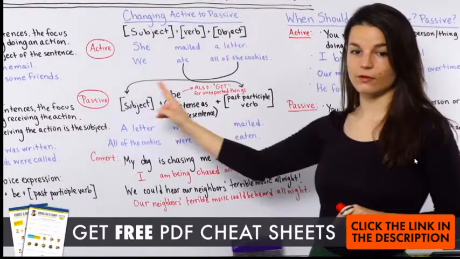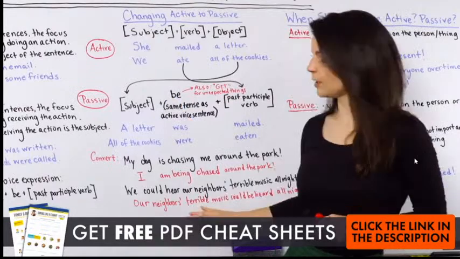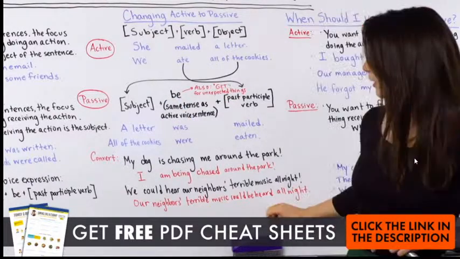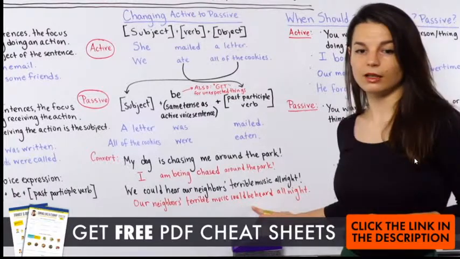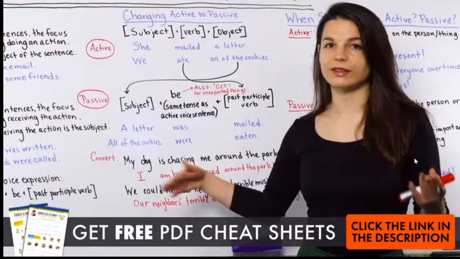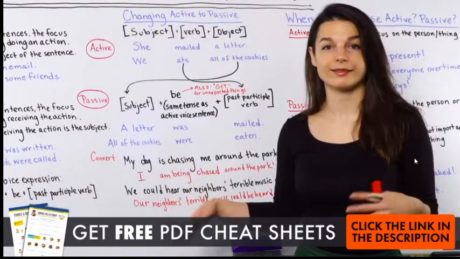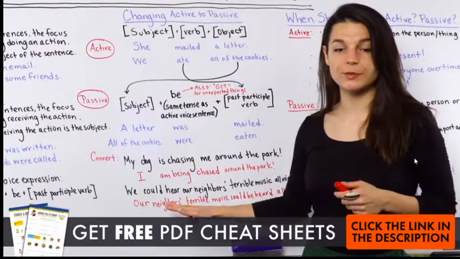We move it to the subject position. So our neighbor's terrible music could be heard. So again, I'm keeping that could, and my be comes before the main verb here. So think of could as kind of like helping us. It's like a helping verb here. So could be heard. So here hear becomes heard in past participle form.